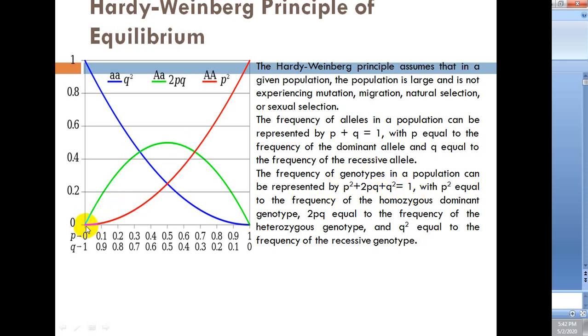So when p is 0, then q is 1, and when q square is 1, then p square is 0, and so p plus q, the sum of the frequencies of both alleles, will remain 1, and so also the genotypic frequency of the individuals in a population will remain 1, only in the absence of these disturbing forces and when the population is in HW equilibrium.